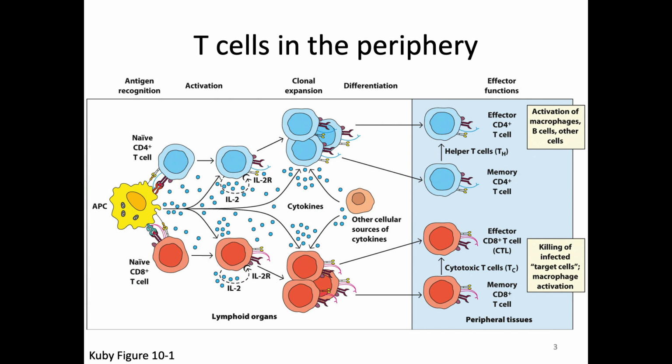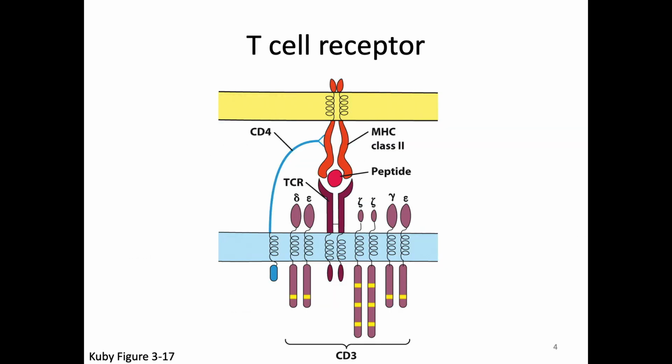Really what we're going to be thinking about here is what happens when the MHC plus peptide interacts with the T cell receptor. Remember, the T cell receptor includes both the main chains, particularly the alpha and beta chains that are made during VDJ recombination, as well as the co-receptor CD3.